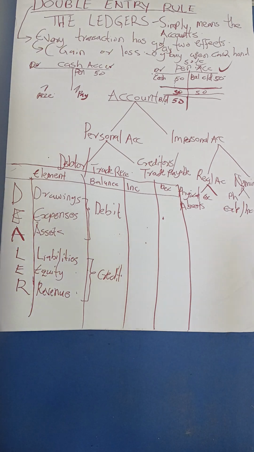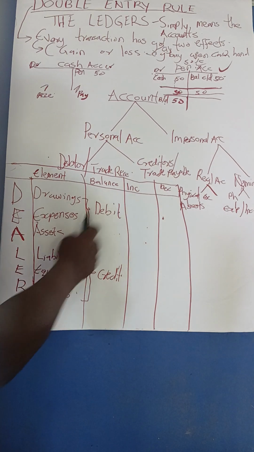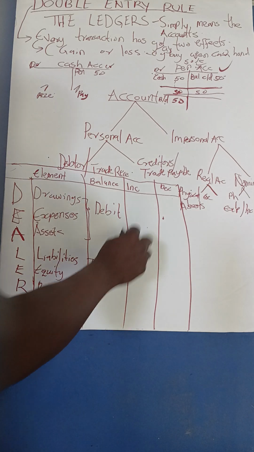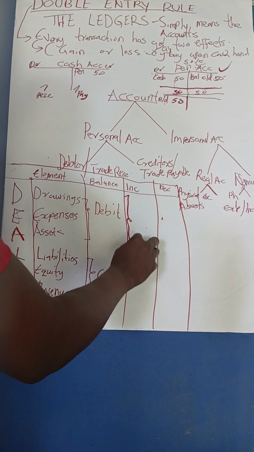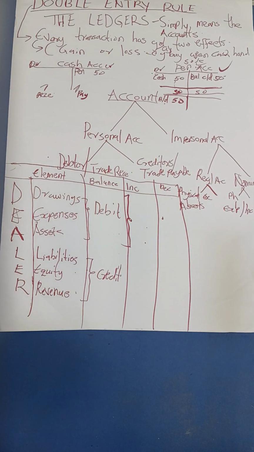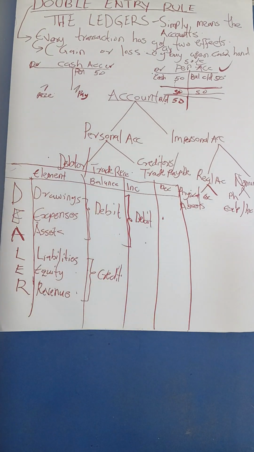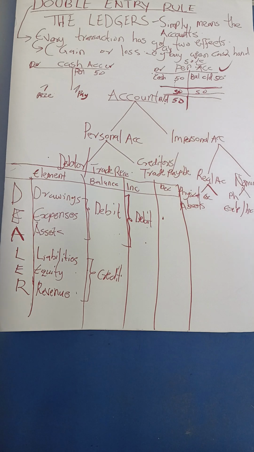Good. What about now when we are increasing assets in the business, or when we increase expenses, or when we increase drawings? When they increase these three, you will debit. So in any transaction we are going to engage in, if there is an increase in an asset, let's say we bought more furniture or a motor vehicle, that is an asset, so it increases on our side.